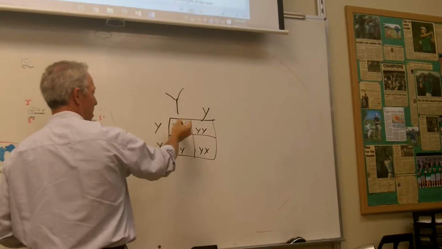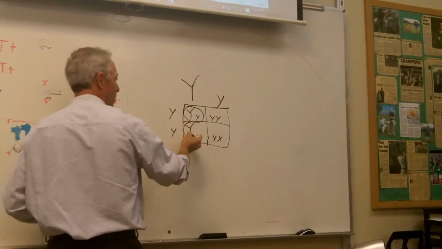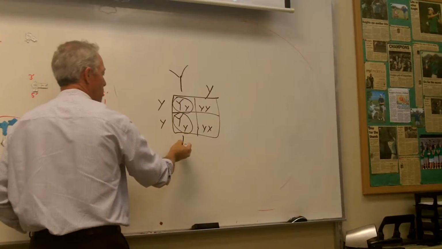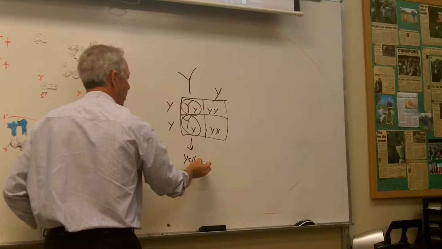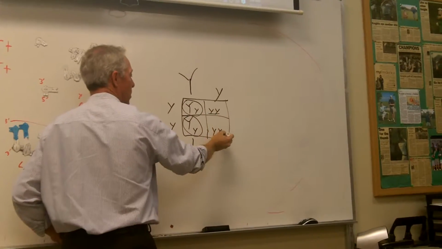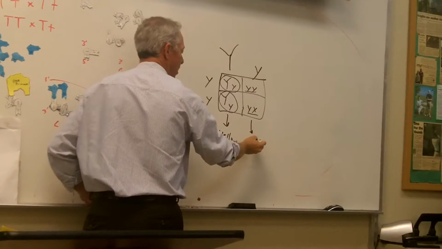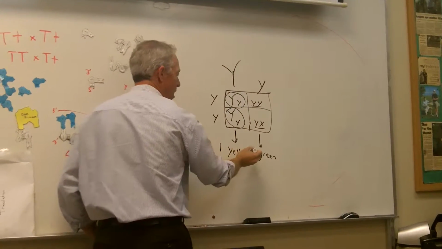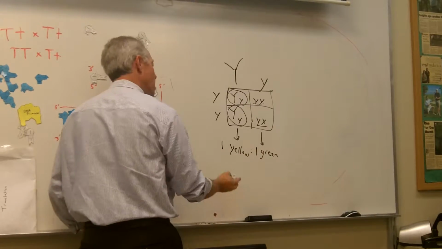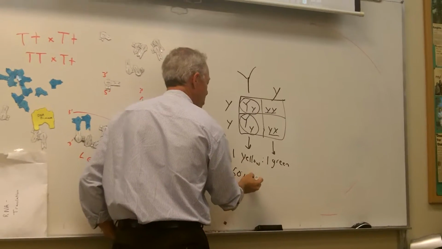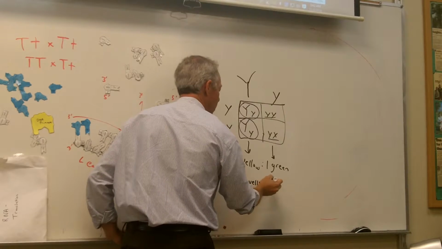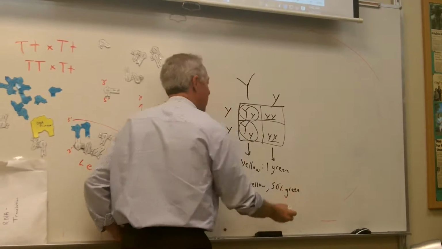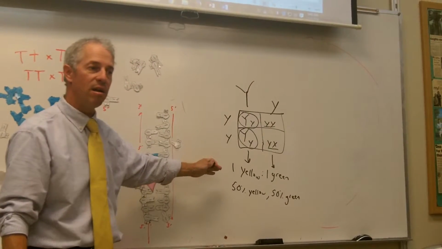Those two are yellow, and these are green. So you could say a 1-to-1 ratio, 1 yellow to 1 green, or 50% yellow, 50% green. Y'all see how to do that?